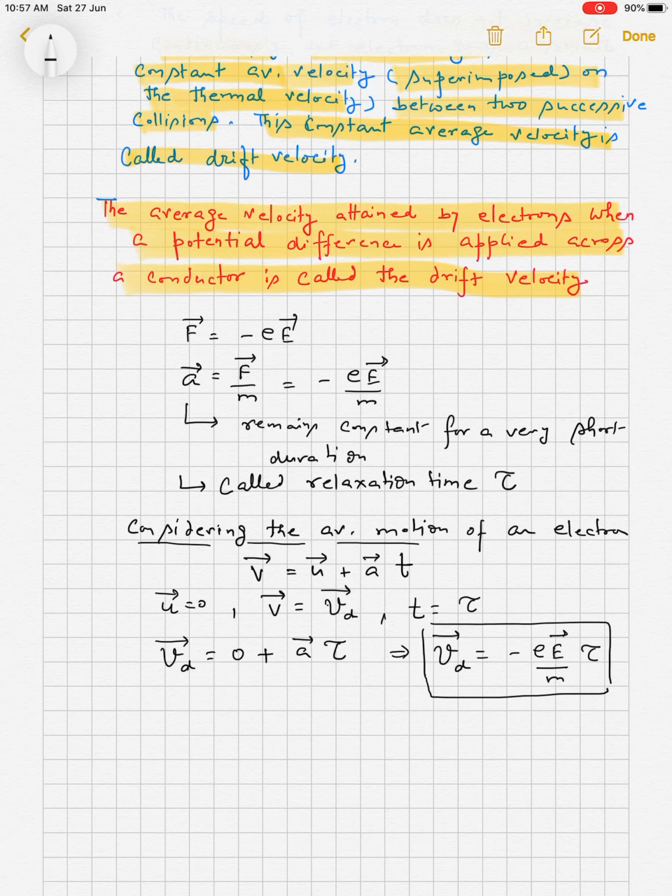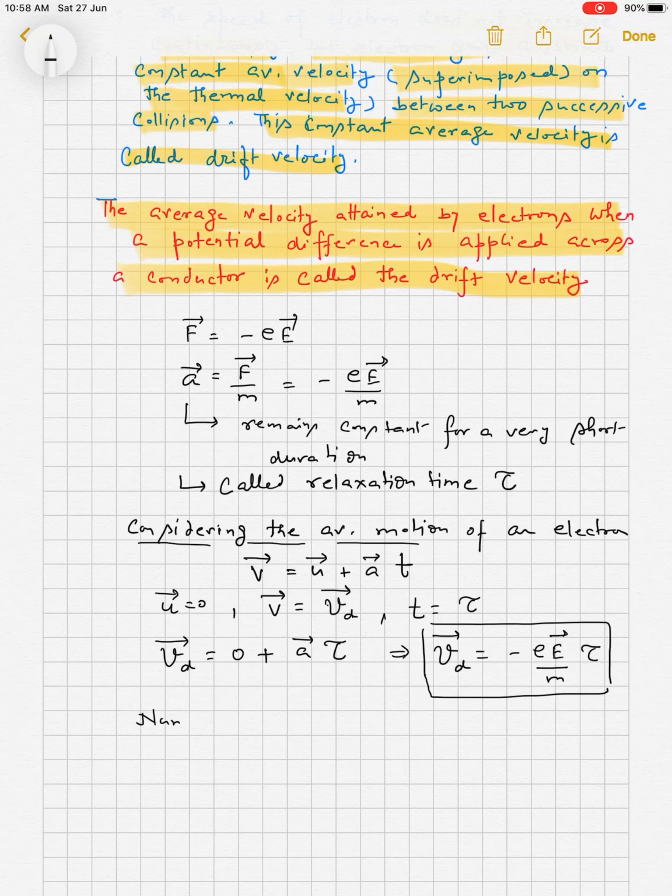So this is the relation for drift velocity: vd vector is equal to minus e E vector by m tau. The minus sign shows that the direction of vd vector is opposite to the direction of E vector, meaning drift velocity will be opposite to the direction of the electric field.